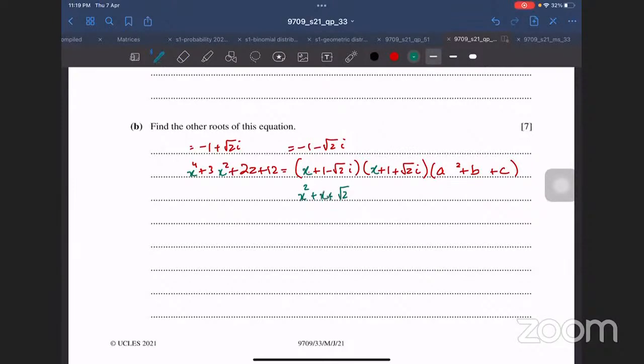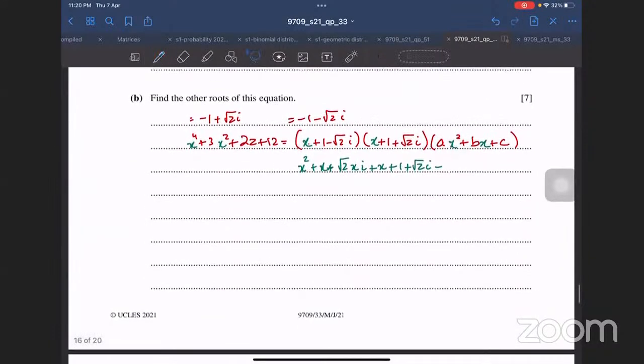X squared plus x plus root 2 x i plus x plus 1 plus root 2i minus x root 2i minus root 2i minus 2i squared.